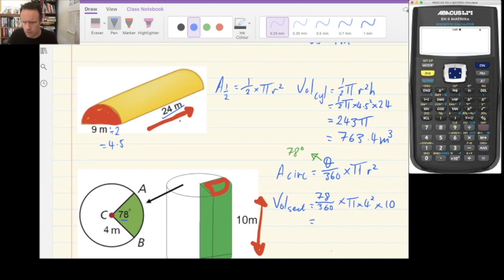Or maybe I think I know. Maybe it's that. Okay, cool. I'm going to clear that. There's my fraction button. Cool. 78, jump down over 360. Make sure it's across there, times 4 squared, which is 16. I'll just put 4 squared in, times 10.